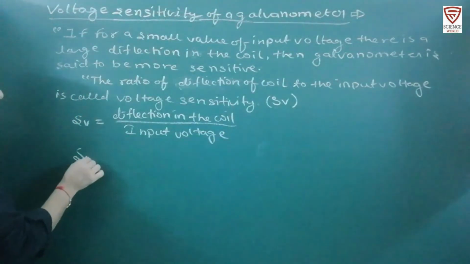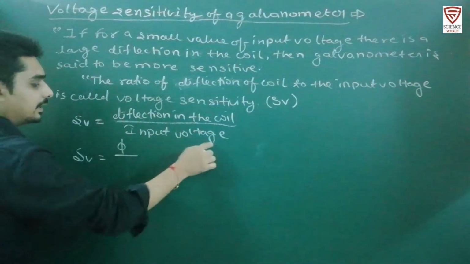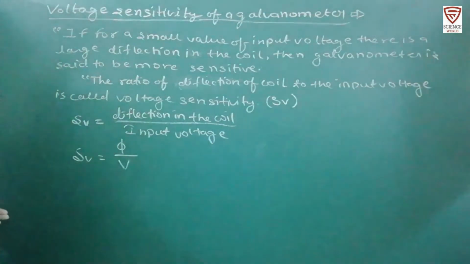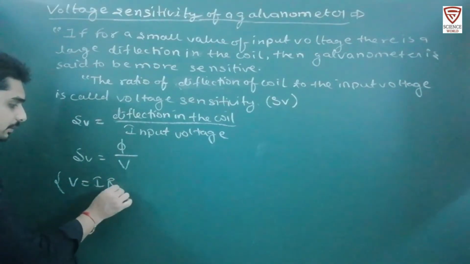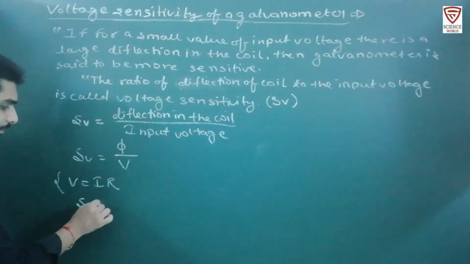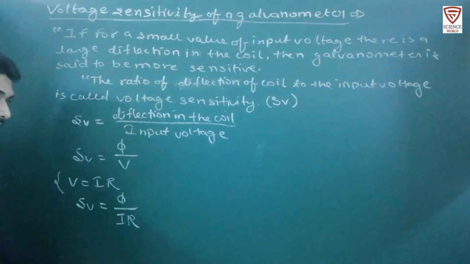So SV will be equal to deflection in the coil, phi, and input voltage is V. According to Ohm's law, we can write V is equal to I R. So SV will be equal to phi upon I R.